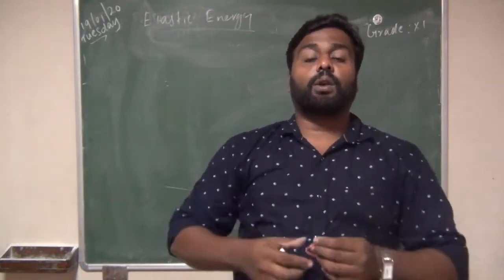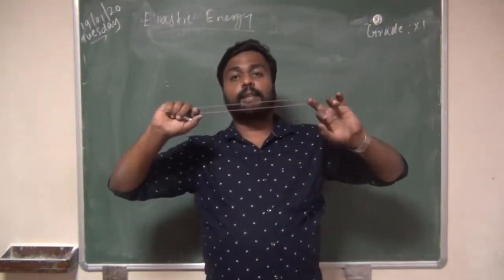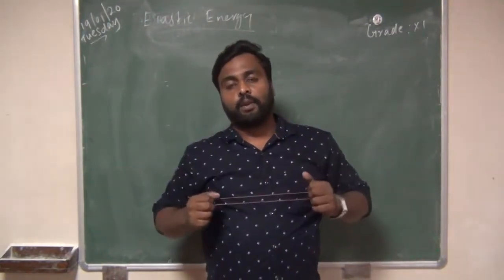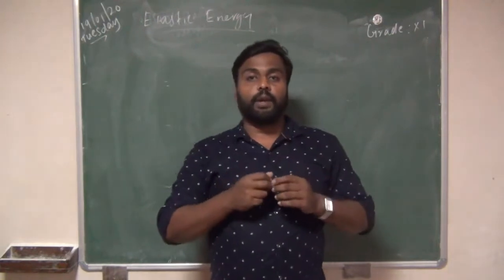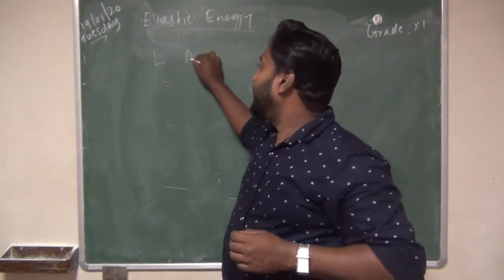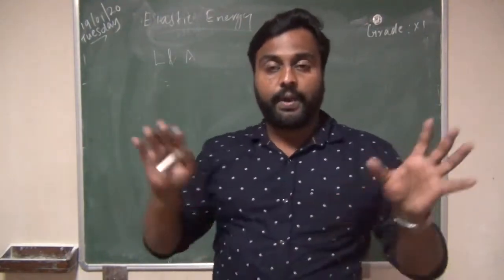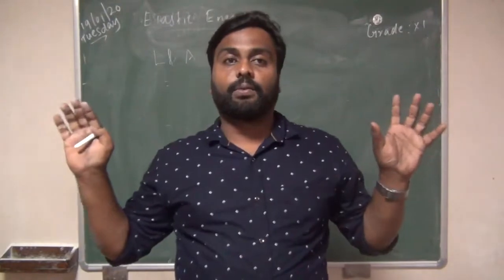So here we are going to find out the work done to stretch this whole length. For that we choose a wire of length capital L and a cross sectional area A. So one wire we can take and stretch the length of the wire.